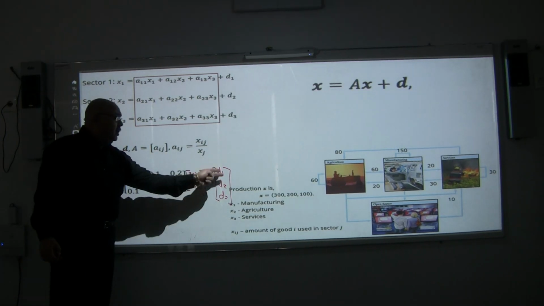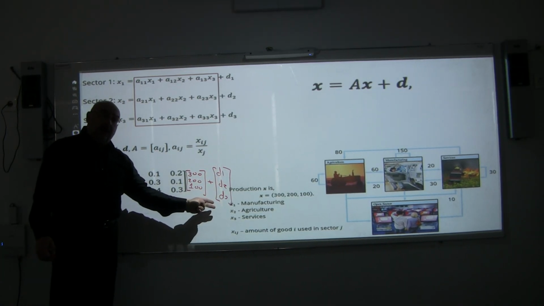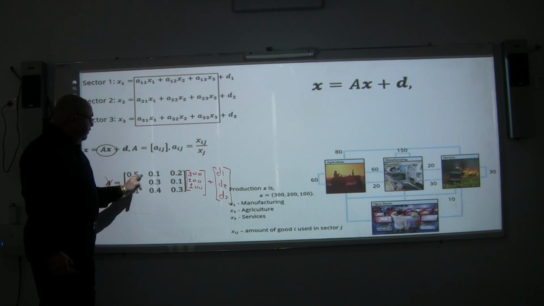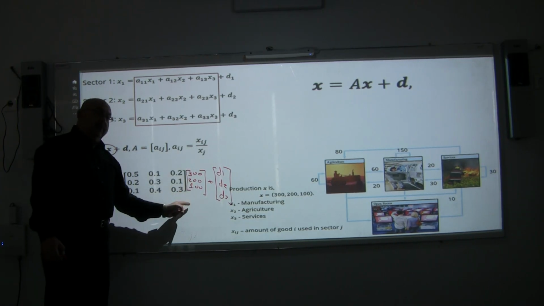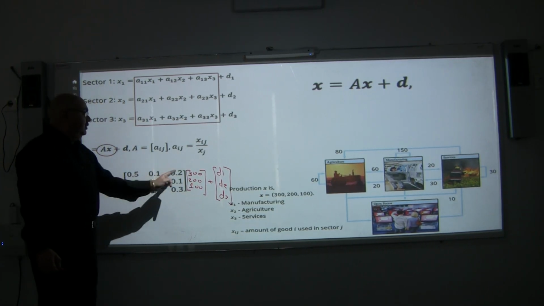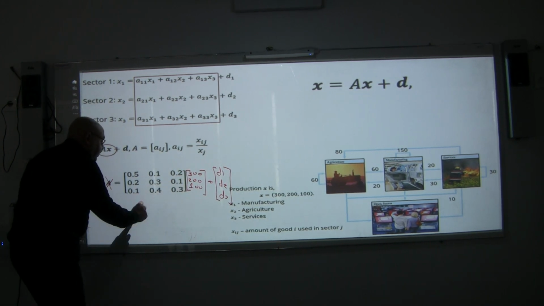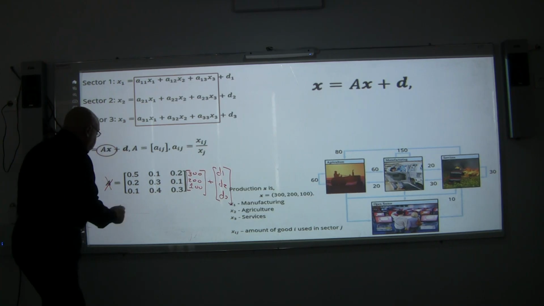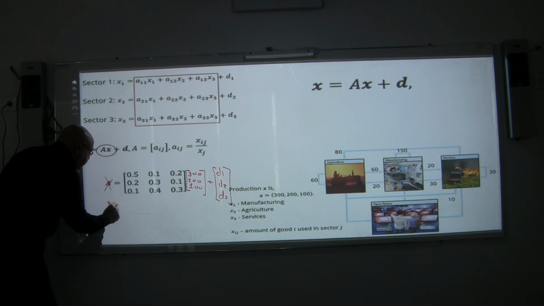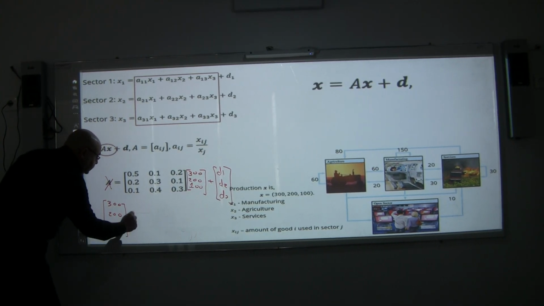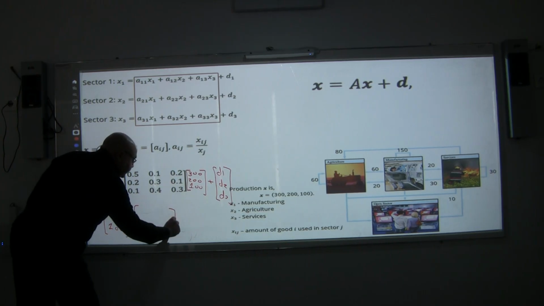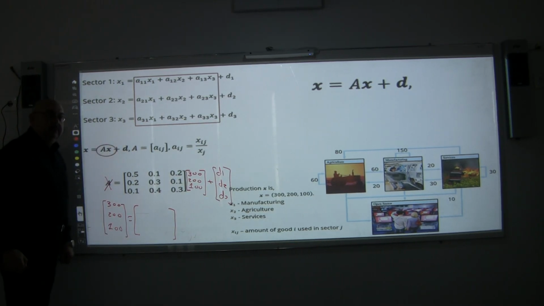If I want to get the column of the final demand, how do I do it? I will multiply the first row by this column. So this amount will be multiplied by 300, which is 150. Let's write it down and try the first one. So 300, 200, 100. That's the intermediate demand column.